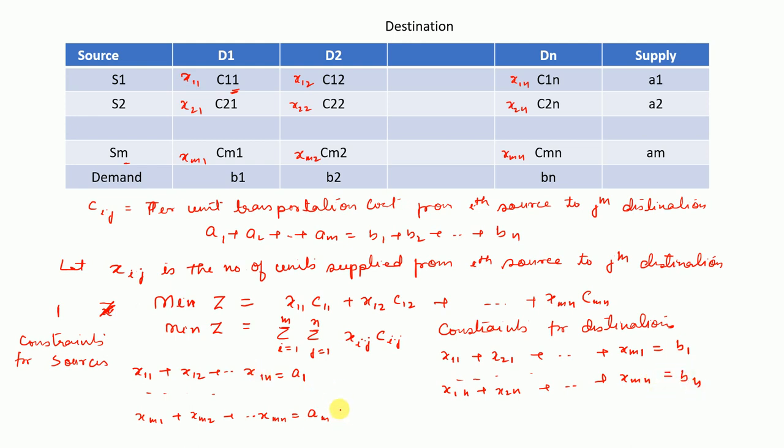These are m equations, and these are n equations. And finally, the non-negative restrictions: xij greater than or equal to 0. So in this way you can formulate a transportation problem as a linear programming problem. This is the objective, these are the constraints for sources, these are the constraints for destinations, and this is the non-negative restriction. In this way you can convert a real life transportation problem into a mathematical or linear programming problem.